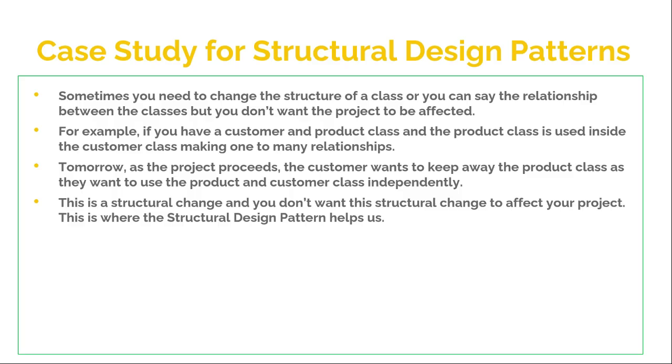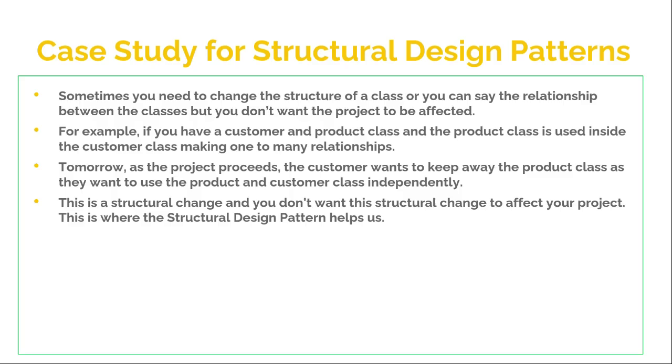For example, if you have a customer and product class, and the product class is used inside the customer class, making a one-to-many relationship. So one customer will have multiple products. For example, when you are going to Amazon as an individual customer, and you are shopping 10 different products, the customer will have a one-to-many relationship to the product actually.